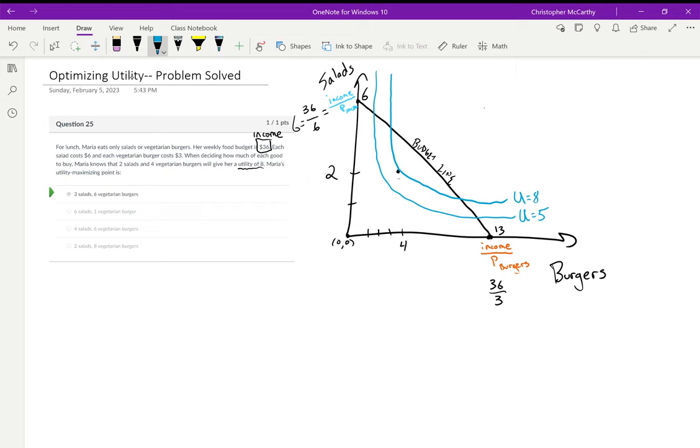And then any curve to the right of that, right, to the northeast of it, specifically to the upper right, is going to have a higher utility, right? So there's going to be a utility or indifference curve that's up here where you have a 10 utils, right, where you increase.